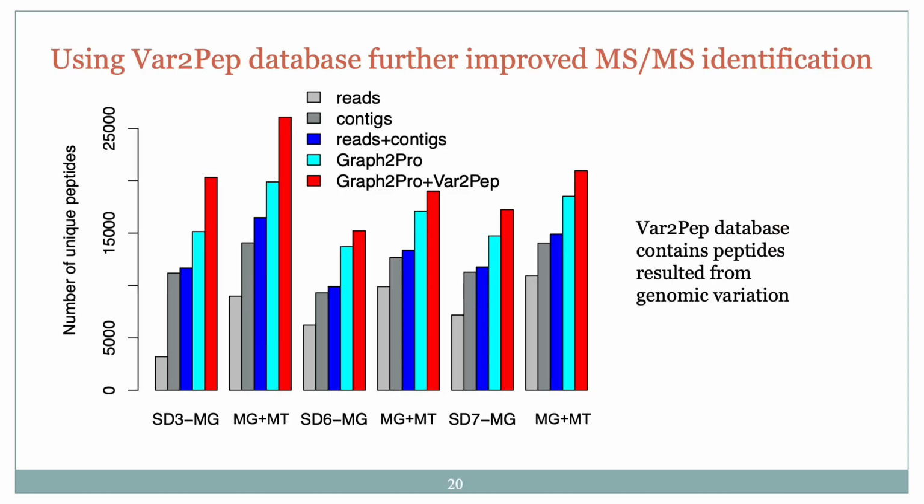You can see the improvement is pretty big and significant, comparing the red bars that show the number of peptides identified from the spectra when we use the Graph2Pro approach plus this approach that considers the variations in the genomic sequences. And you can see that the improvement is consistently found across all the data sets of this wastewater cohort.